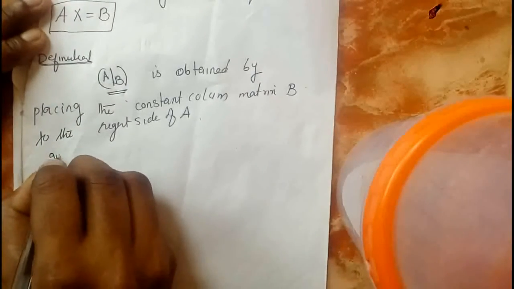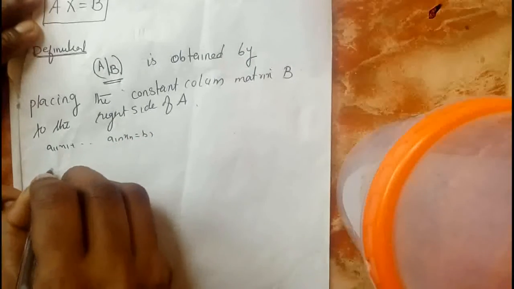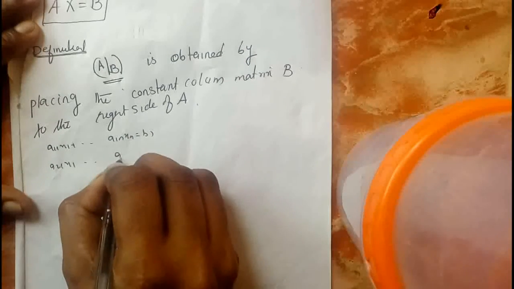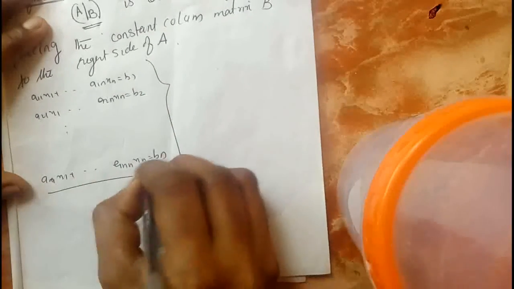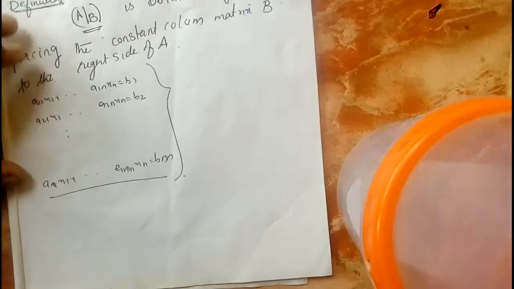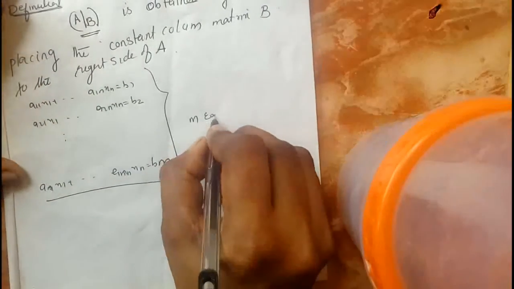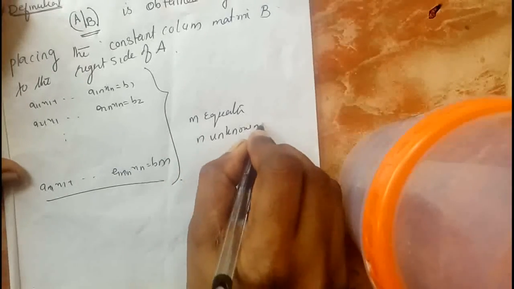That means we have a11 x1 plus etc. a1n xn equal to b1, a21 x1 plus a2n xn equal to b2, etc., am1 x1 etc. amn xn equal to bm. We have m equations and n unknowns.